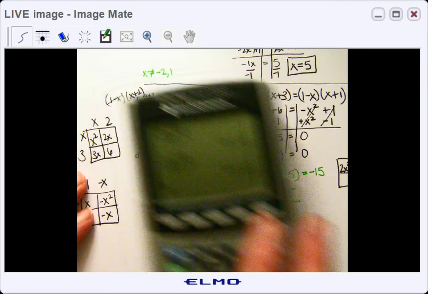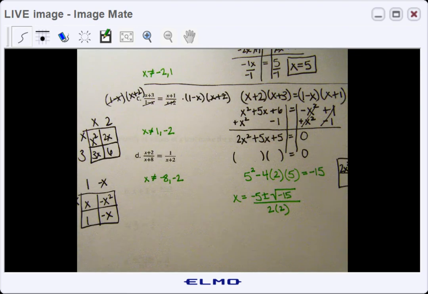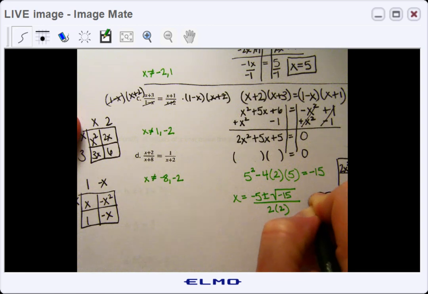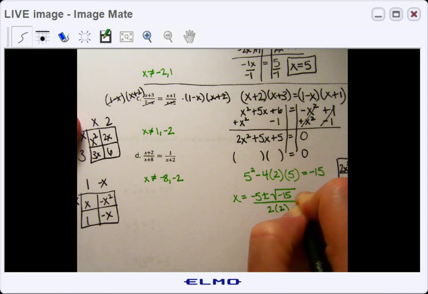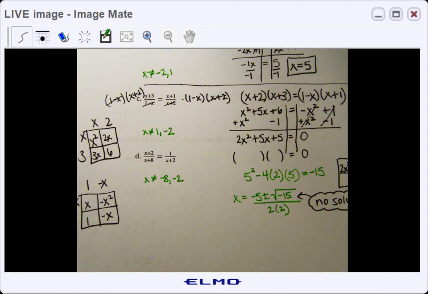So problem C really and truly has no solution. And that time it didn't even come from finding solutions and using legal moves and then seeing that one of them doesn't work. This has no solution because there's a negative number under the square root.